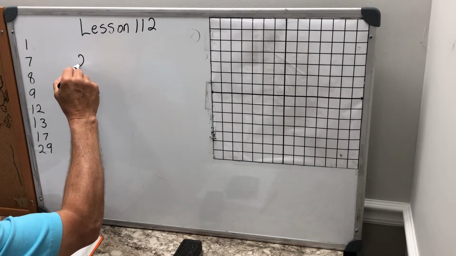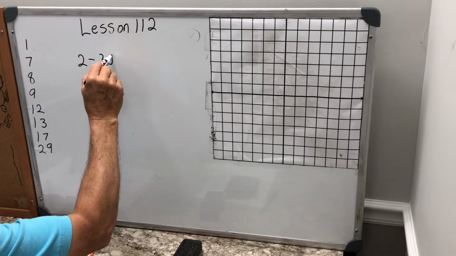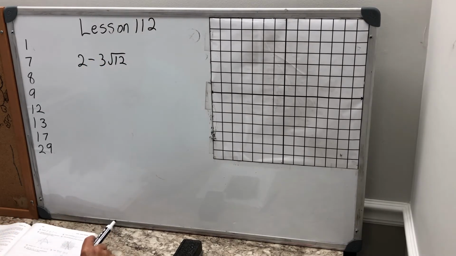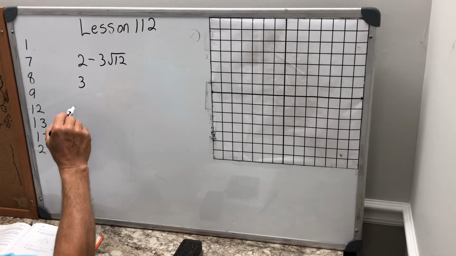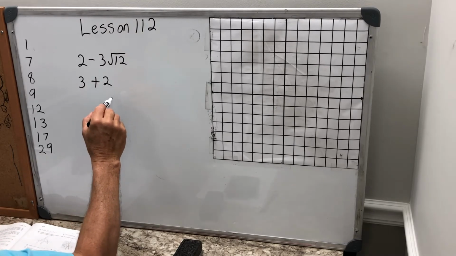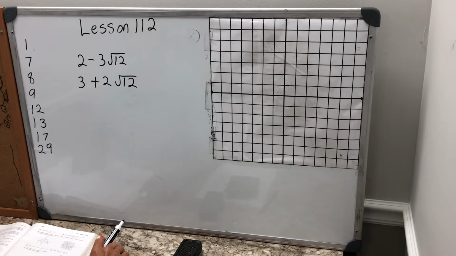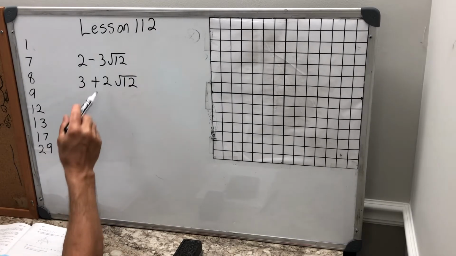This says 2 - 3 to the square root of 12, and they are side by side. So what we're actually going to do, we're going to multiply them. Let's set it up this way. 3 plus 2 to the square root of 12. We multiply this by multiplying all the numbers times each other.